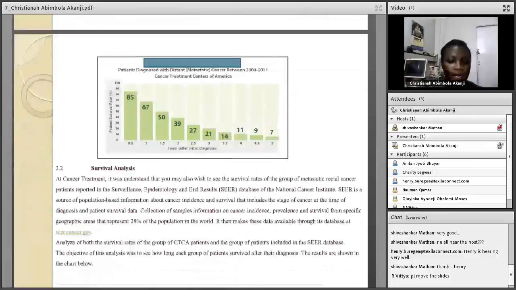At cancer treatment, it was understood that you may also wish to see the survival rate of the group of metastatic rectal cancer patients reported in the Surveillance, Epidemiology, and End Results database of the National Cancer Institute, the source of population-based information about cancer incidence.